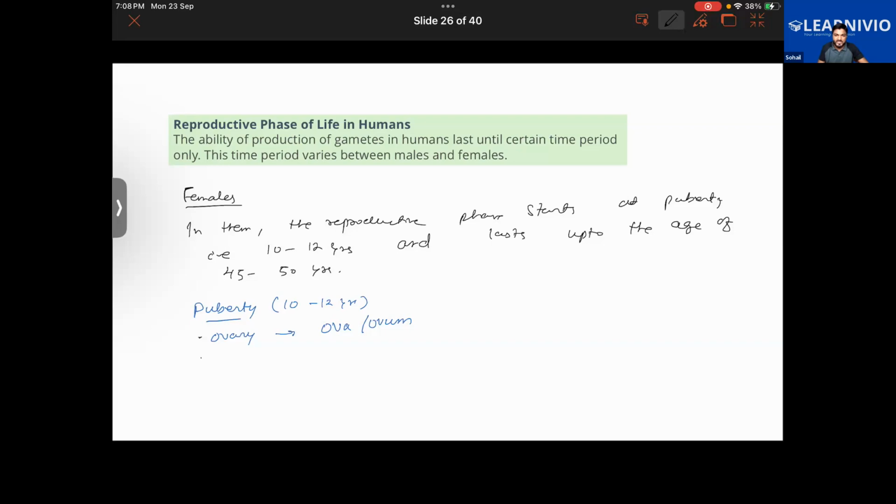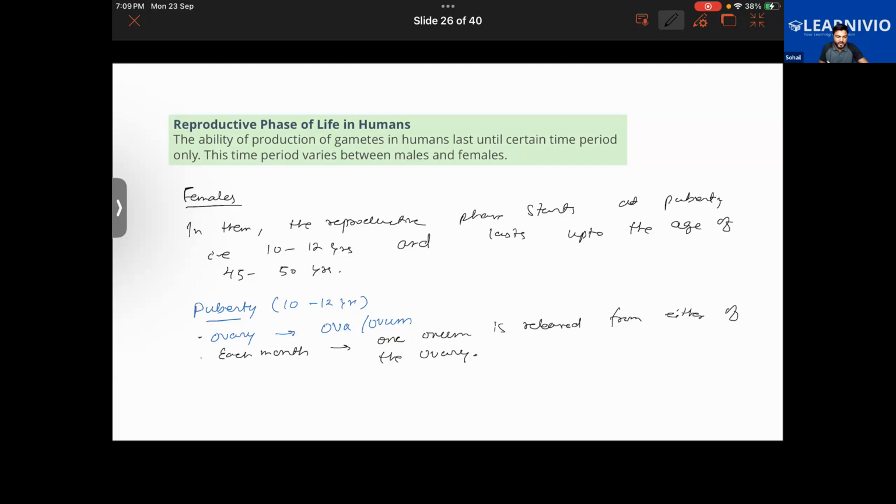All of you can recall these concepts from the previous classes, for those of you who have learned the chapter reproduction in organisms. So each month, one ovum is released from either of the ovaries. How many ovaries are there?